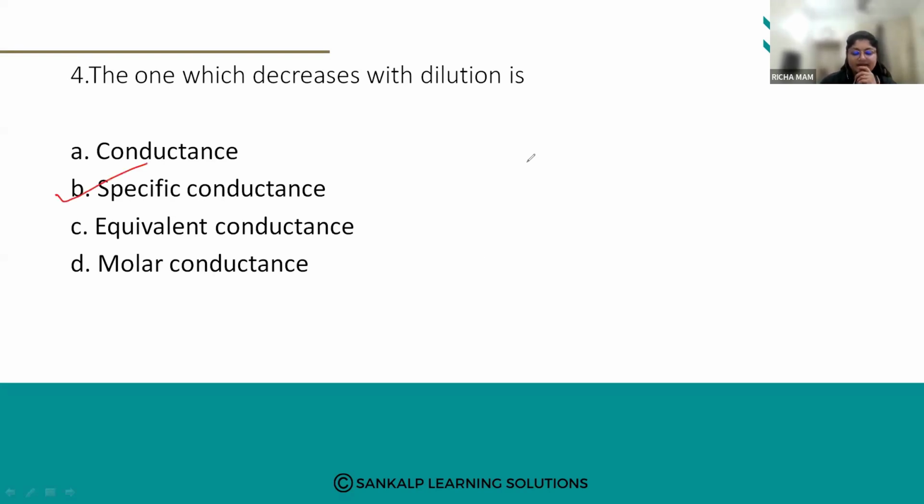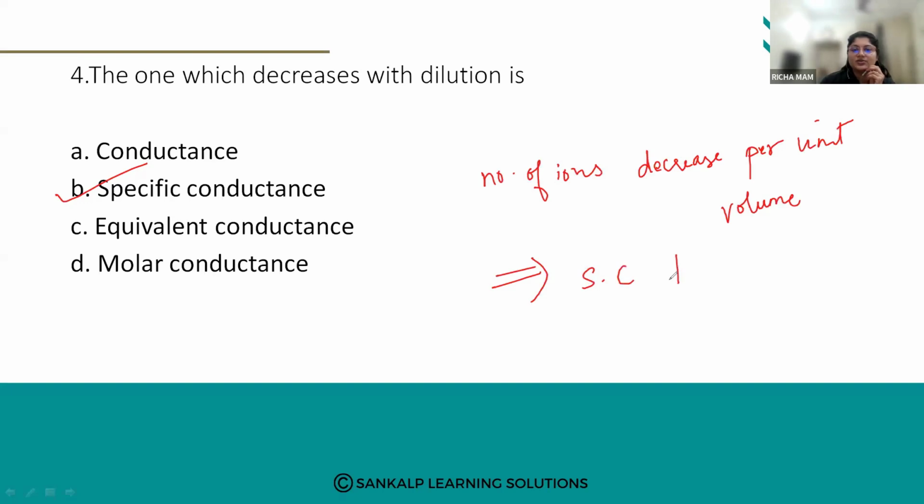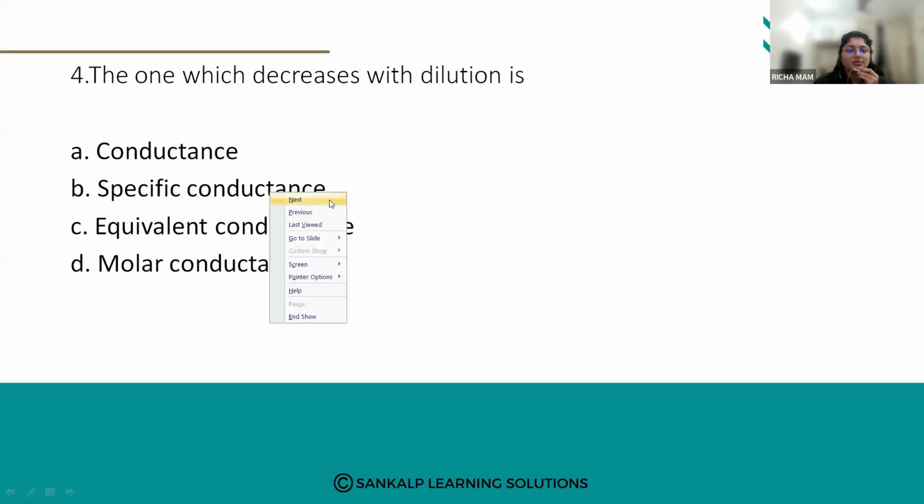Yes, option B is correct. On dilution, the number of ions will decrease per unit volume, and because of that the specific conductance also decreases. So the one which decreases with dilution is specific conductance. Option B is correct.